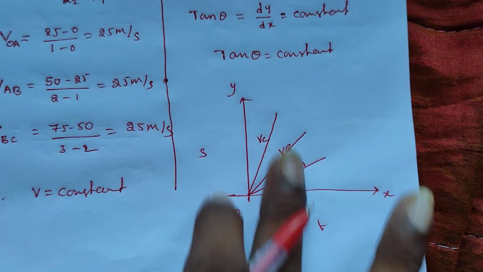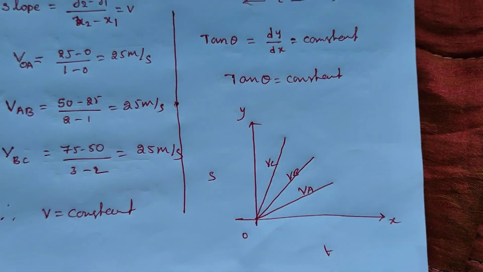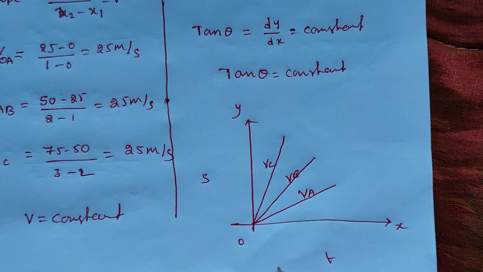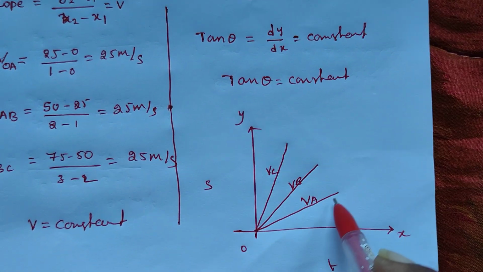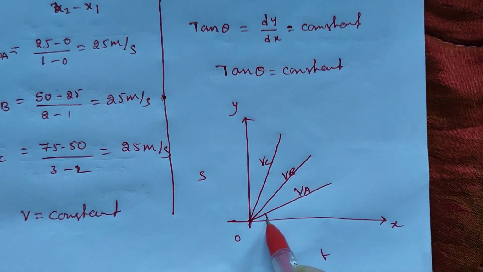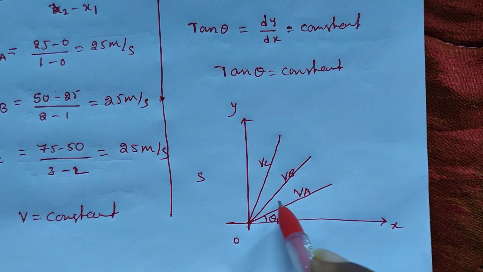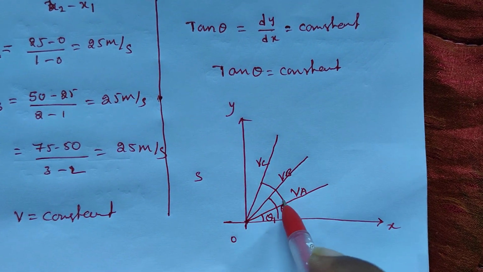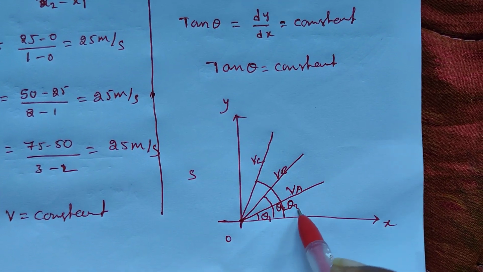And these 3 slopes represent uniform velocity. Yes or no? So what is the reason? Here in the displacement time graph, the slope is a straight line from the origin. But here the angle of slope is different. Theta 1, theta 2, theta 3.